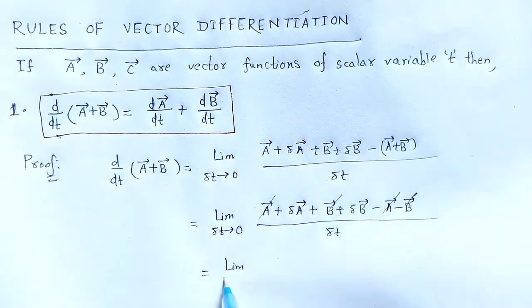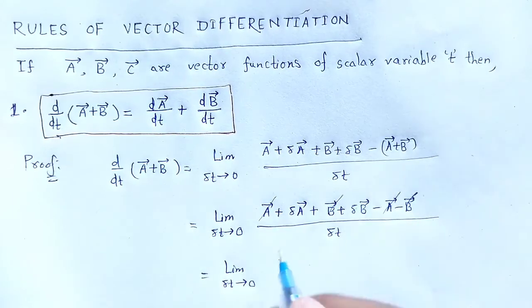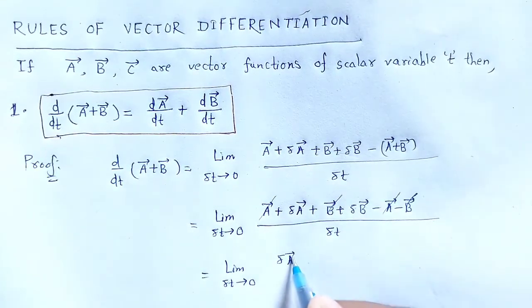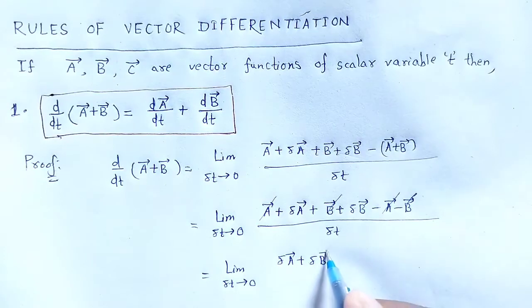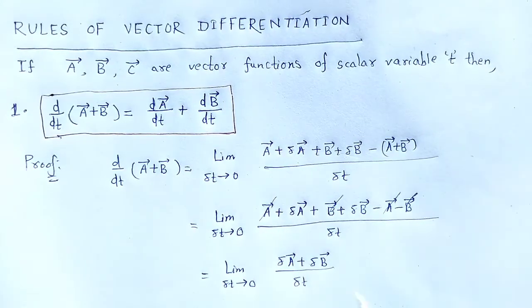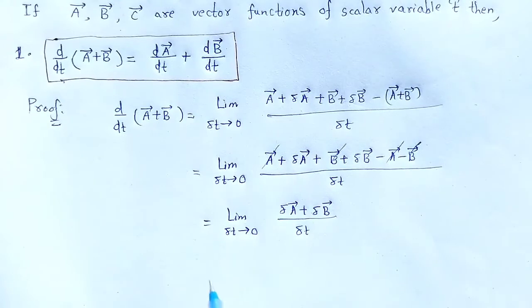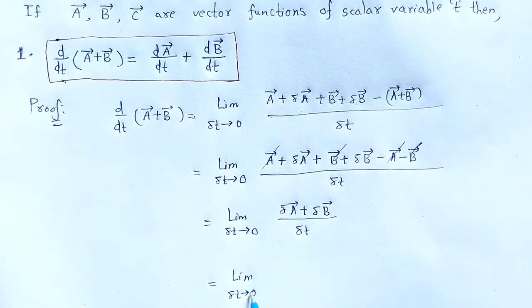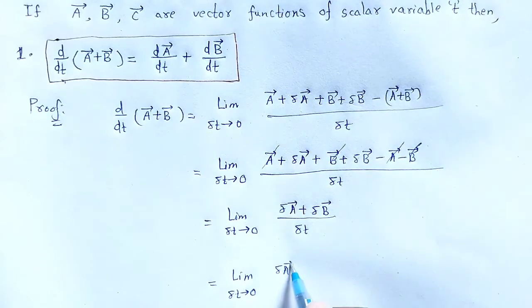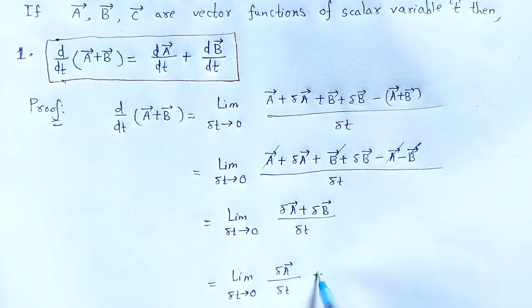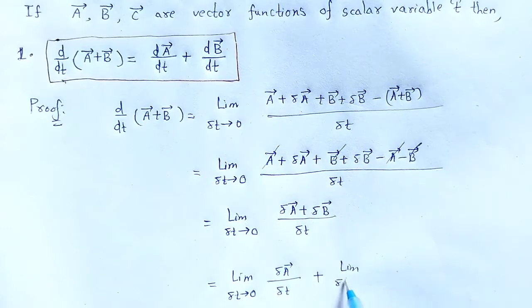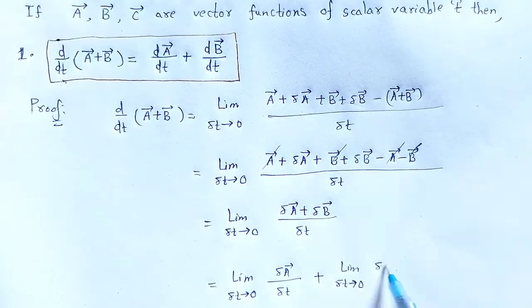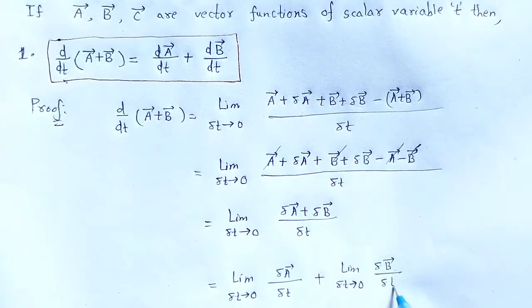We get limit del t tends to 0 of del a vector plus del b vector divided by del t.